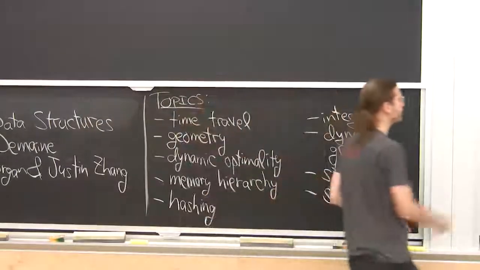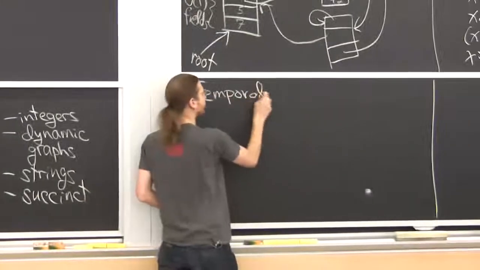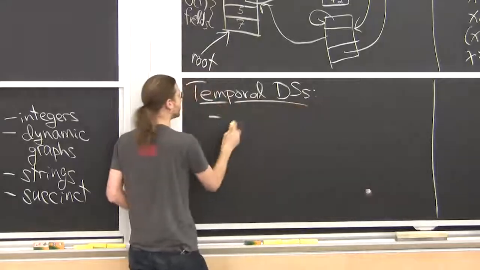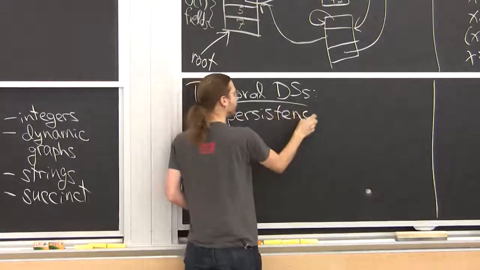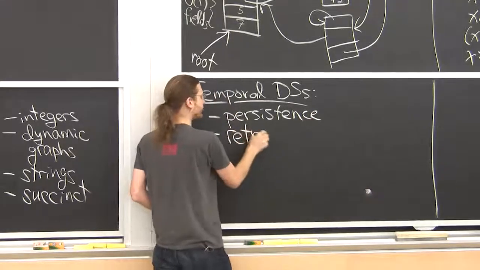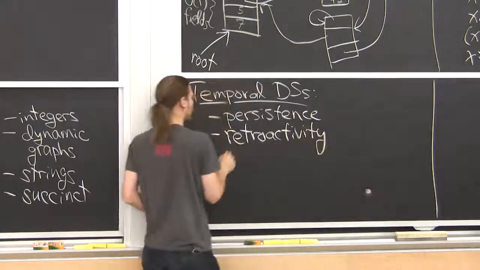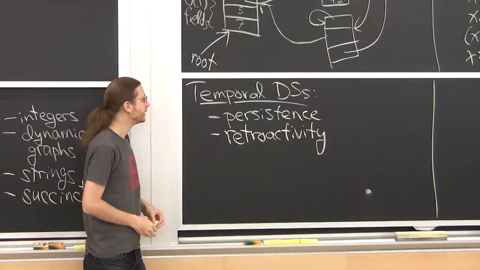There are two senses of time travel, or temporal data structures, that we're going to cover in this class. The one for today is called persistence, where you don't forget anything, like an elephant. And the other one is retroactivity. Persistence will be today. Retroactivity is next class.